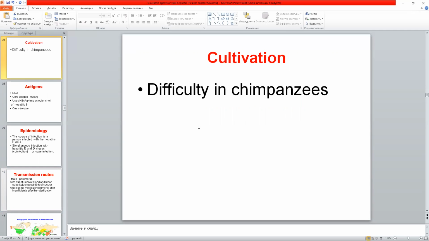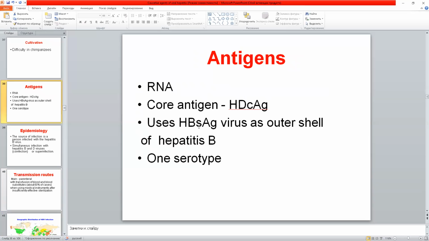Chimpanzees are sensitive. Antigens, RNA antigen. It has a core antigen, HD core antigen, and it has HBs antigen in the outer membrane, in the envelope. And really, this antigen belongs to hepatitis B, but hepatitis D has got this antigen in its envelope. One serotype, no differences in strains.